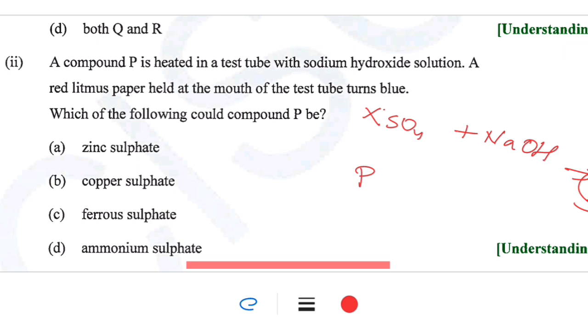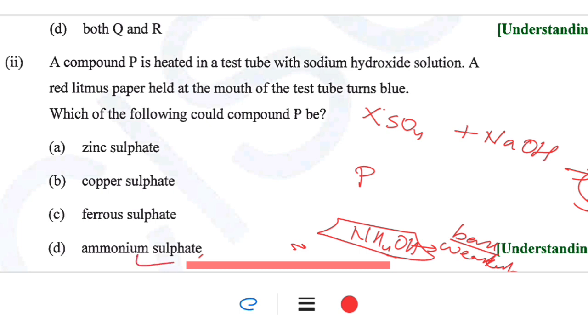Which is the basic one here? We know that ammonium hydroxide is the weaker base, the weakest base. So obviously ammonium sulfate is going to be compound P. So option D is the correct answer over here.